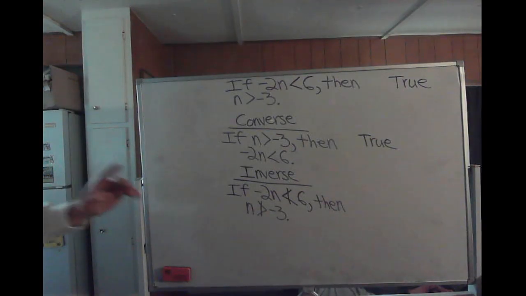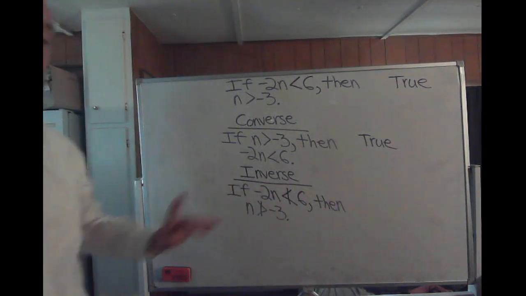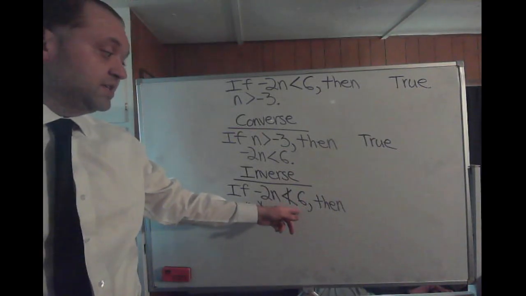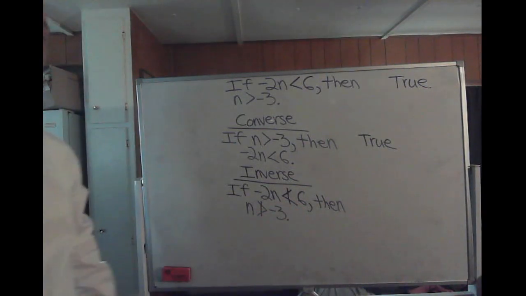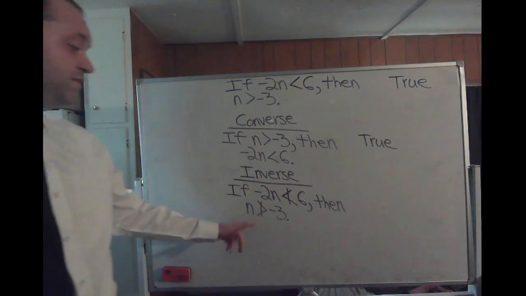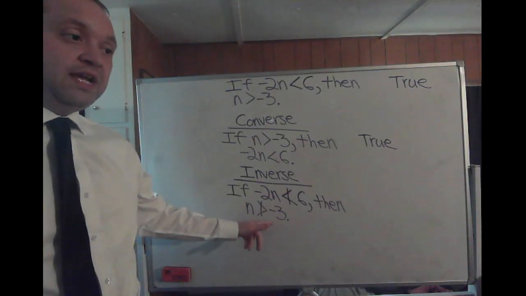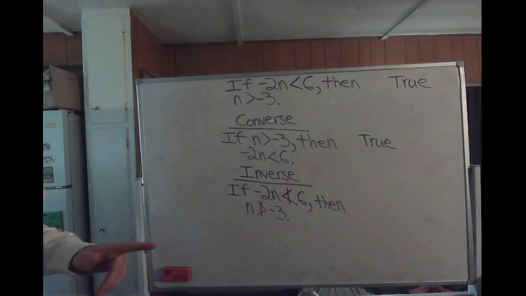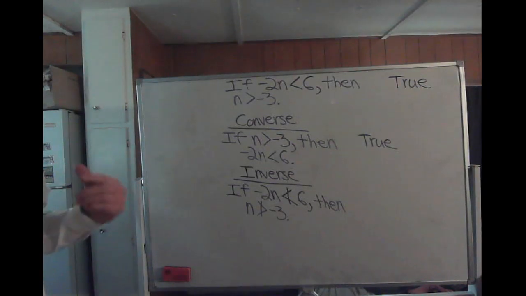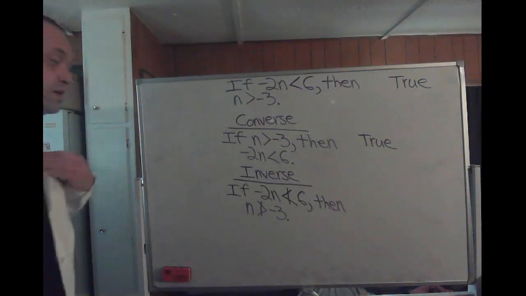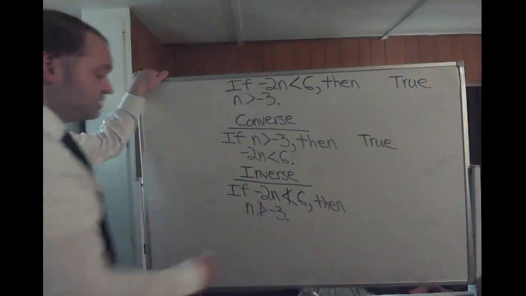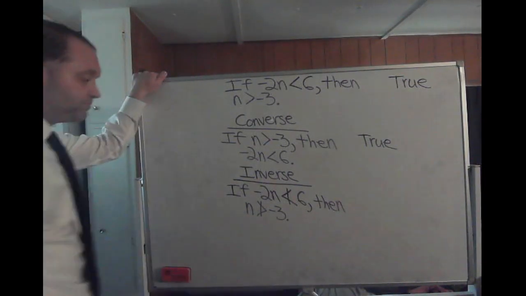If -2n is not less than 6, it could not only be greater than 6, it could be equal to 6, right? We have to take that into consideration. And if n's not greater than -3, not only could n be less than -3, it could be equal to -3. So let's go ahead here, let's play with this. Let's just put n equals -3.